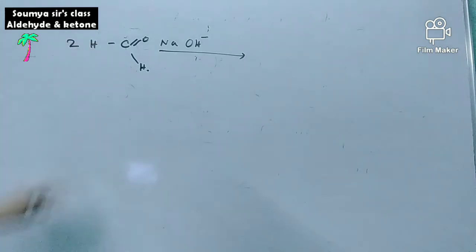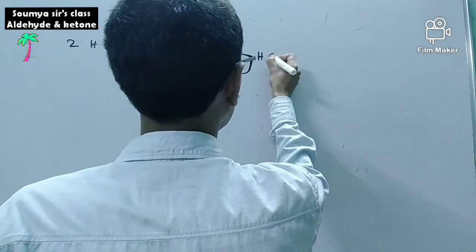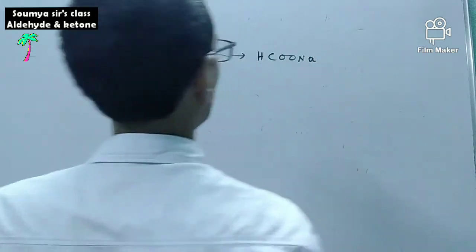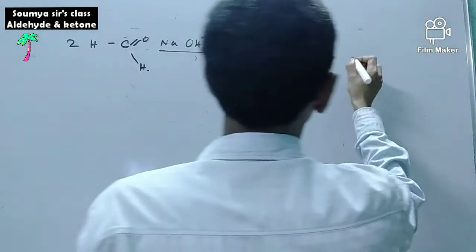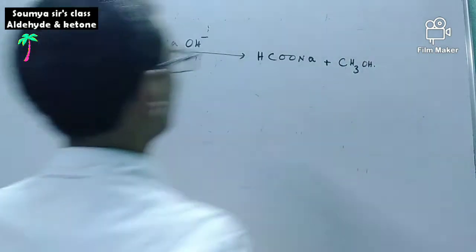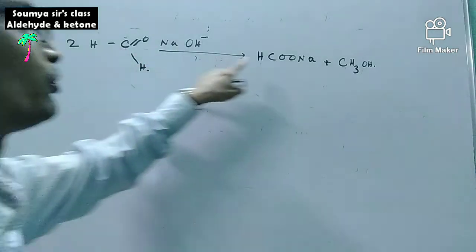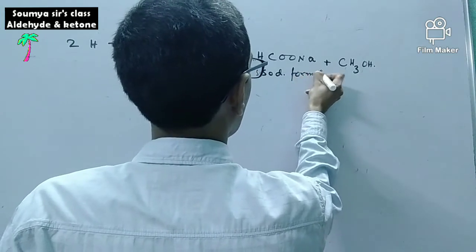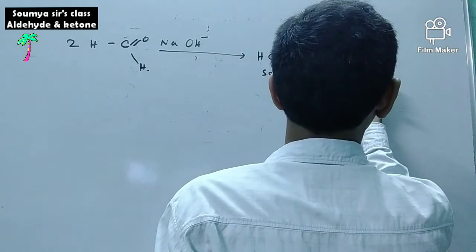Of two molecules of aldehyde here, one molecule undergoes oxidation to form formic acid and subsequently the salt of formic acid, that is sodium formate, and another molecule of aldehyde, that is formaldehyde, will reduce to methyl alcohol. So one aldehyde simultaneously undergoes oxidation to formic acid or sodium formate, and another aldehyde undergoes reduction to form methyl alcohol.